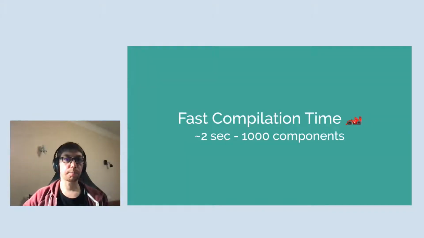It's super important for us to be clearly super fast at compilation time. That means that we are benchmarking our KSP compiler to be sure that for 1,000 components, it's really a super small compilation time.